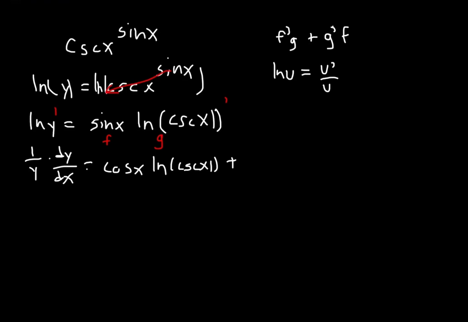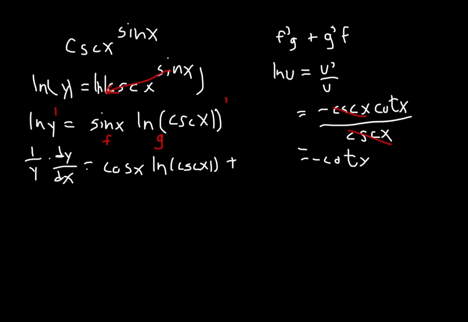The derivative of cosecant x is negative cosecant x cotangent x over cosecant x. So we can cancel this out and we have negative cotangent x.